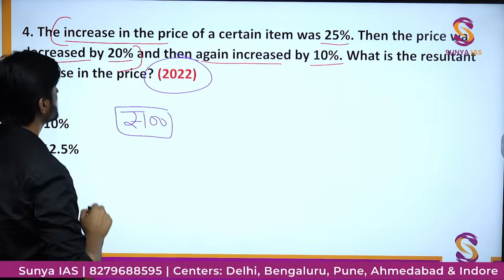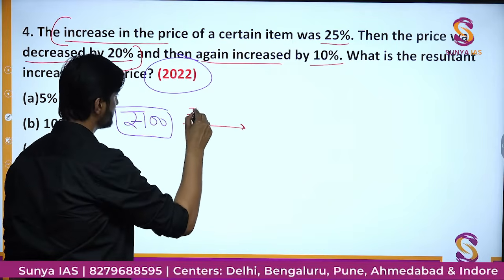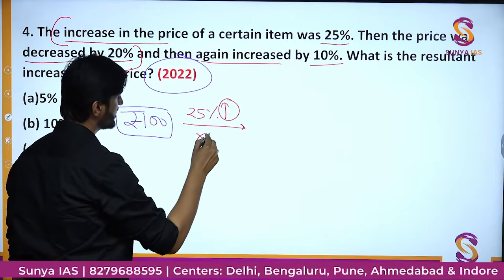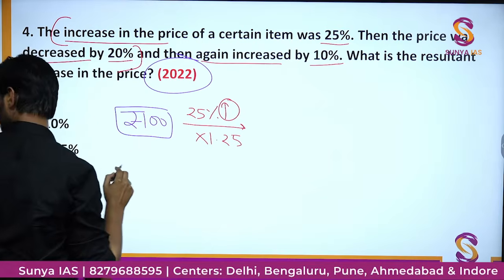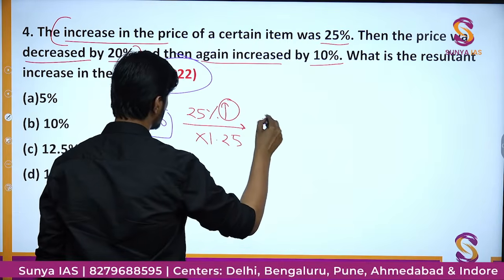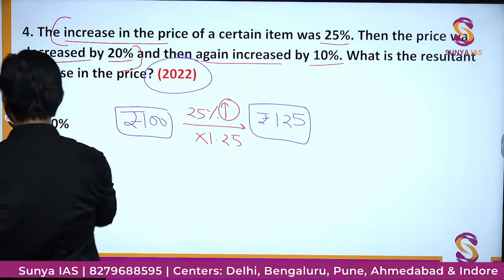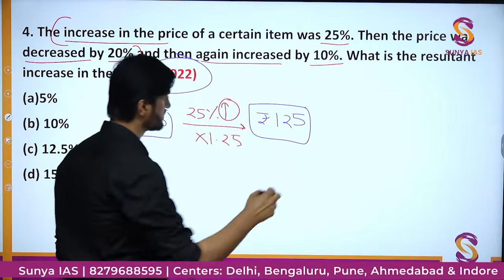Then there is an increase of 25%. So a 25% increase, you can represent it like this: multiply by 1.25. The new price you will get would be nothing but rupees 125. After that, further there is a decrease of 20%.